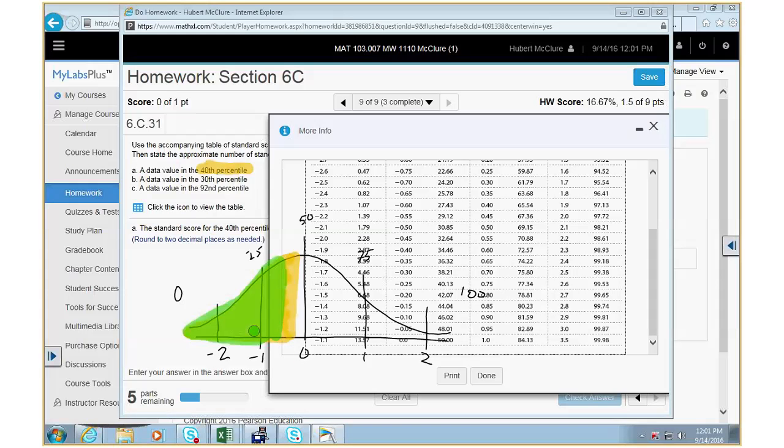All right. So let's see what happens. Let's take our 30th percentile and find 30. What's closer to 30? Which one's closer? Negative 0.5.